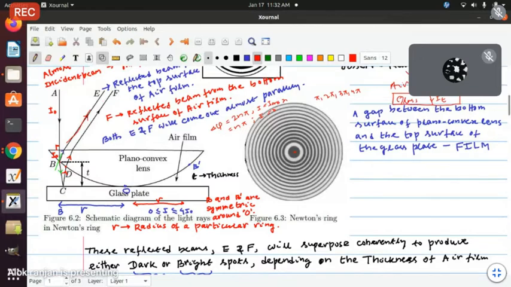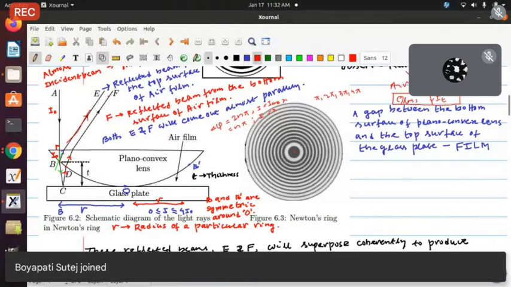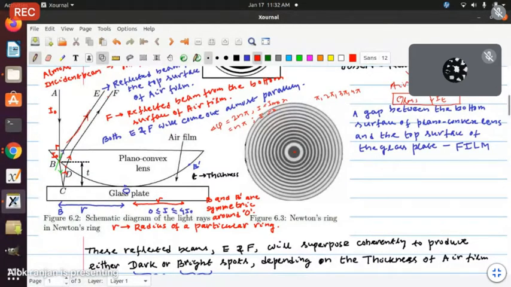When they superpose, it could lead to maximum intensity or minimum intensity depending on the relative phase difference between E and F. By looking at this schematic diagram, we can conclude that it would be easier to calculate the relative path difference between these 2 beams rather than the phase difference, from this geometrical diagram. Once you calculate the path difference between beams E and F, you can translate it to the phase difference.